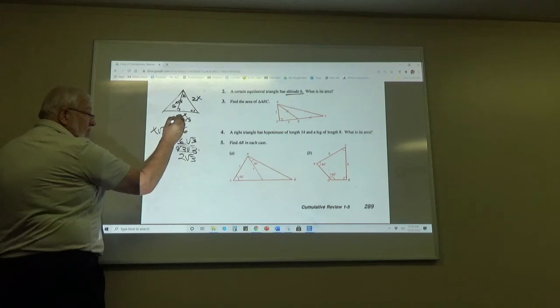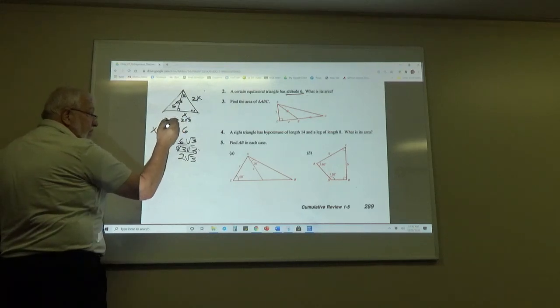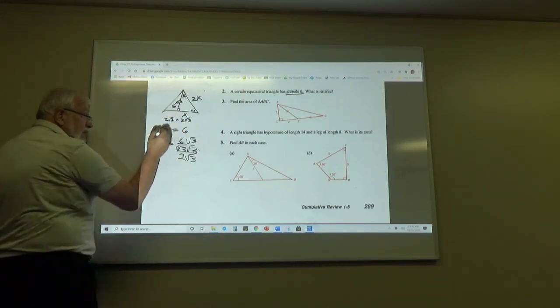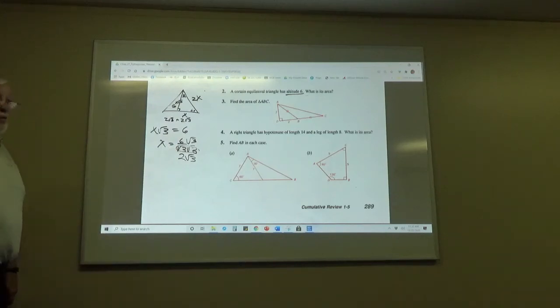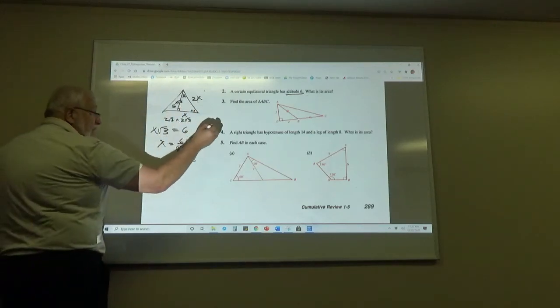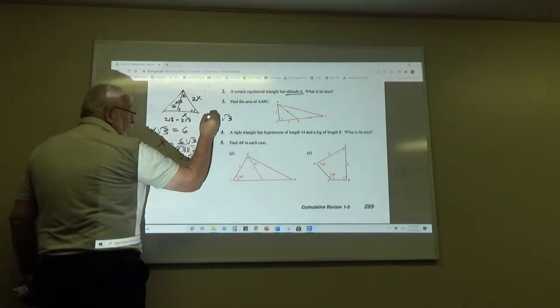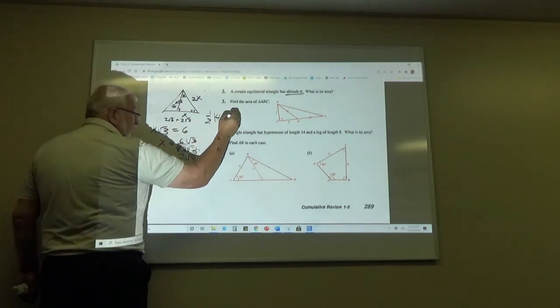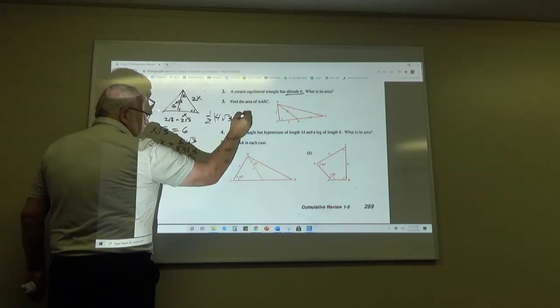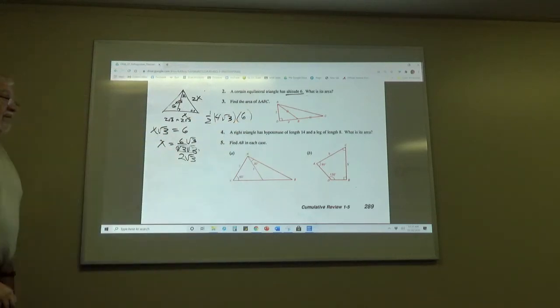So if I have 2 of these, the whole base is 4 square root of 3, 1/2, and then 6. And I'll end up with 12 square root of 3.